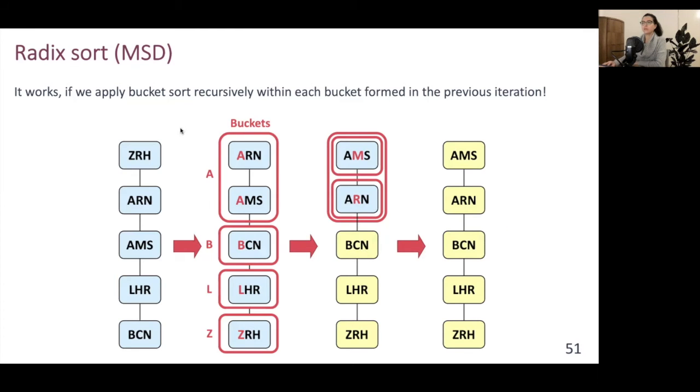We can do that if we apply bucket sort recursively within each bucket formed in the previous iteration. So for this example, when processing the most significant key first, we would define these buckets. We would end up with these two keys in bucket A, one key in bucket B, one key in bucket L, and another key in bucket Z. So if in the subsequent iteration, when processing the second most significant key, we now apply bucket sort recursively within this bucket, we will make sure that only the order of the elements in this bucket will be affected.